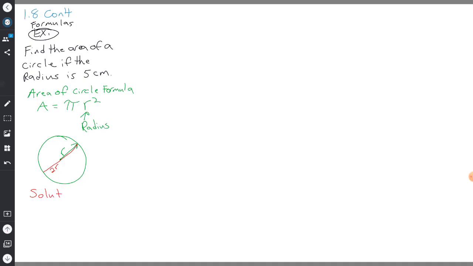So r, the radius, is 5 centimeters. So when we substitute in our radius, again, we put it inside of parentheses.